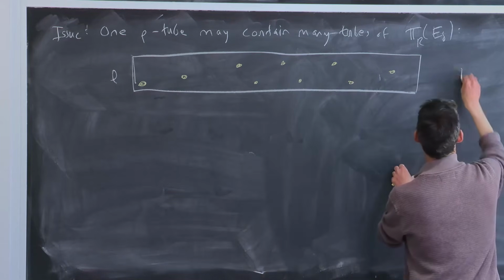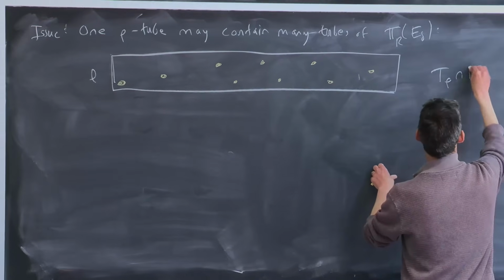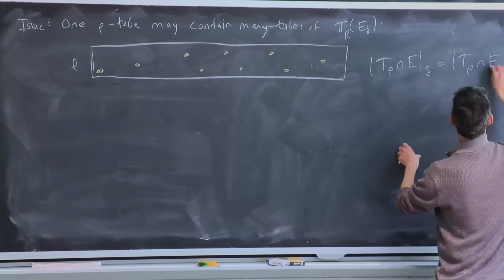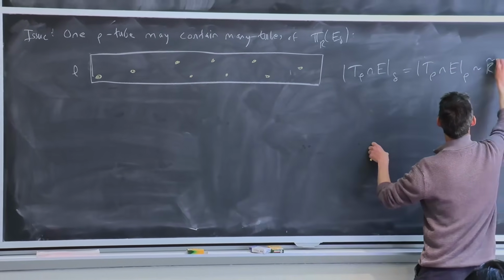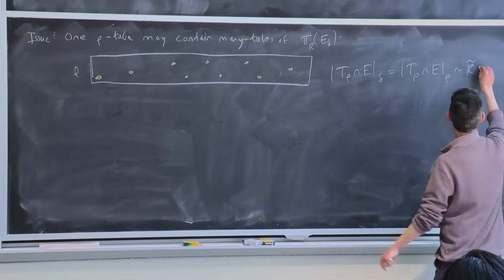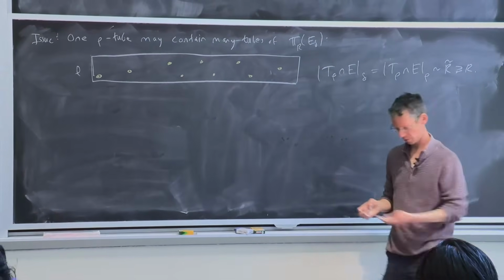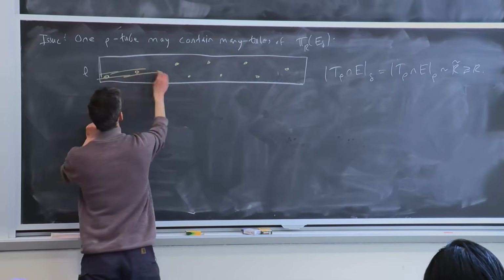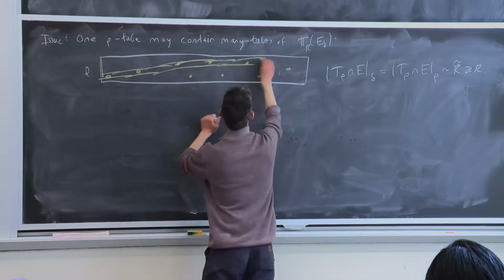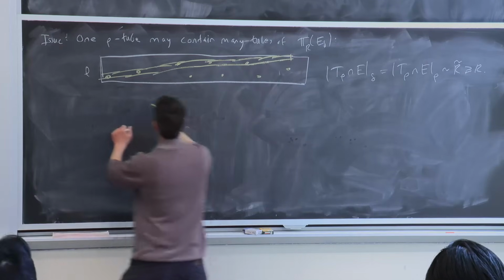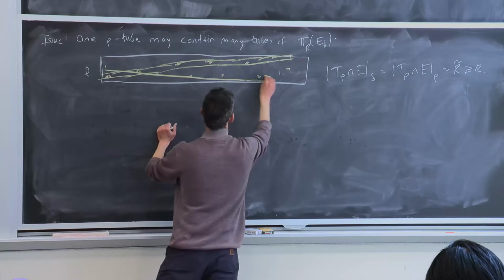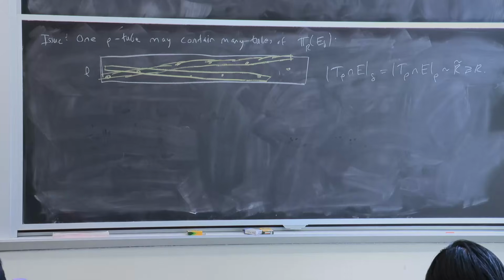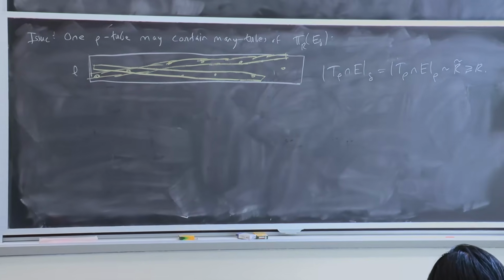Let's say that T rho intersected with E delta, that would be the same as T rho intersected with E rho, is R tilde, which is at least R. It might be R, but it might also be bigger. And then inside of here, we may have many delta tubes that each contain R. OK.